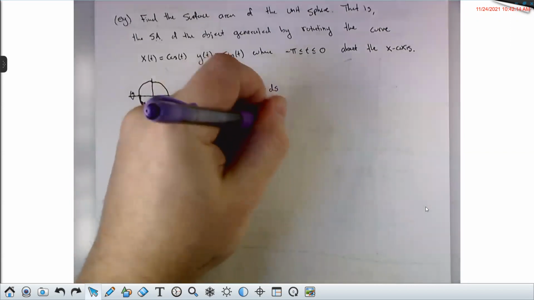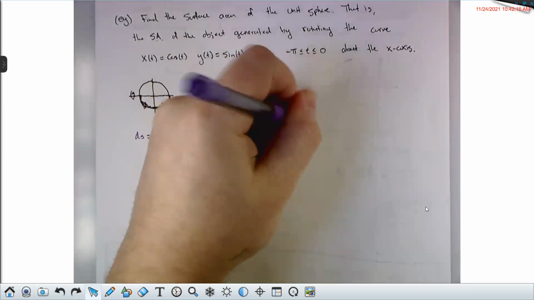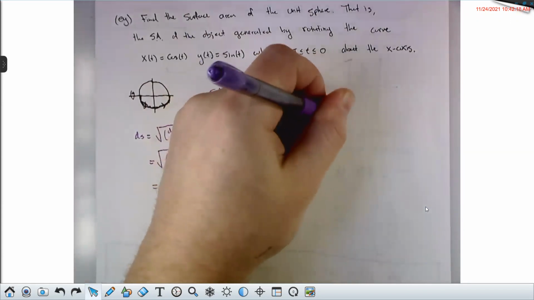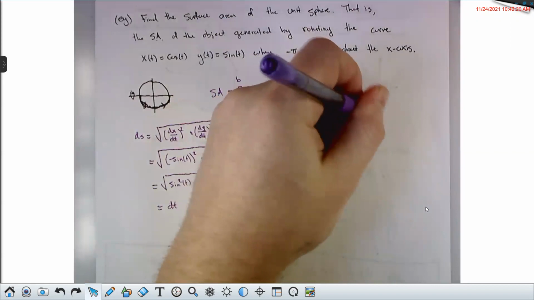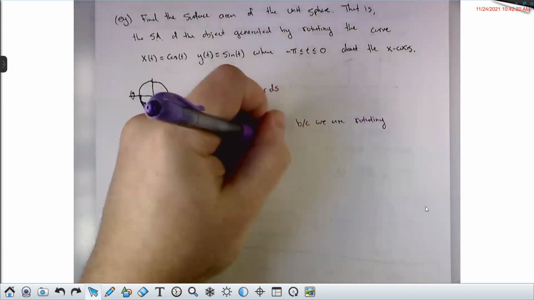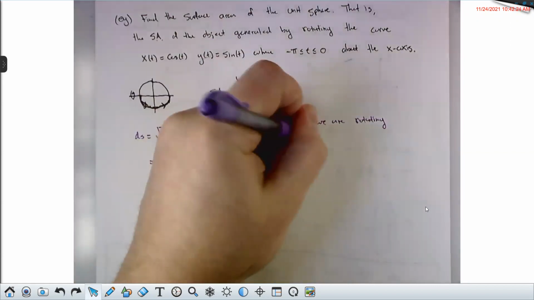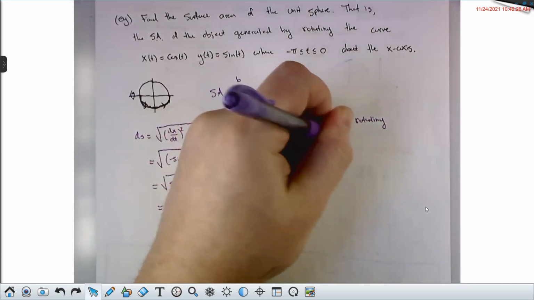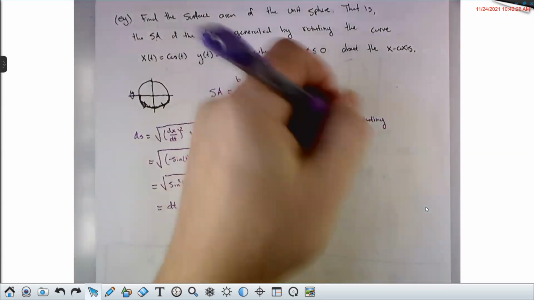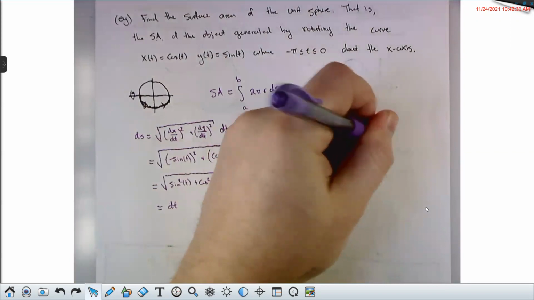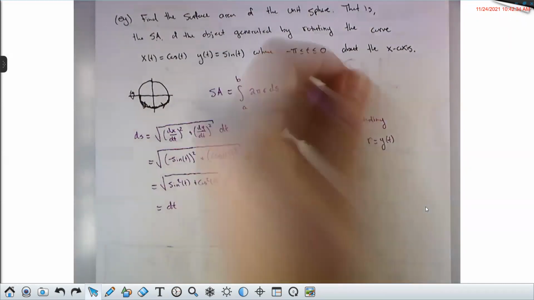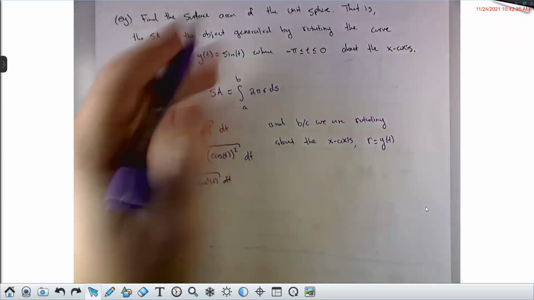And because we are rotating about the x-axis, r is y of t, which is just sine t.